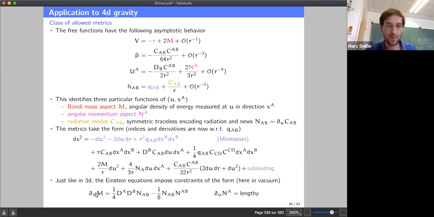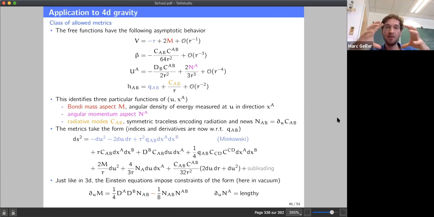but you can find it in many references. What I want to show you is what we can already learn from this construction: you see there is a very important minus sign here in this u evolution equation for the Bondi mass aspect. As we said, this is the angular density of energy measured at the point u in the direction x^A on the celestial sphere.